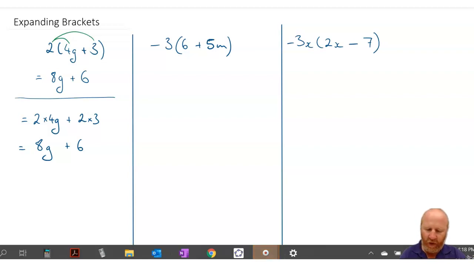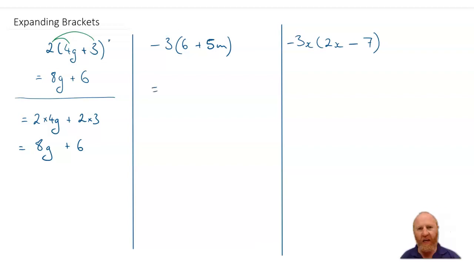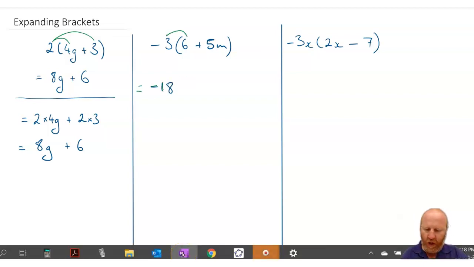So for the next one, negative 3 multiplied by a positive 6 is equal to a negative 18. A negative 3 multiplied by a positive 5m is equal to a negative 15m.